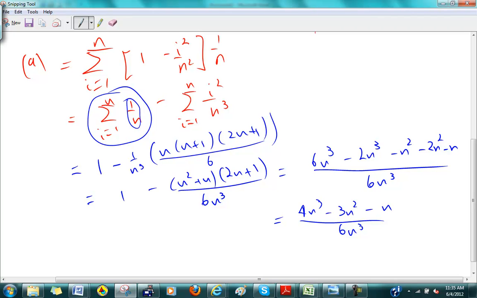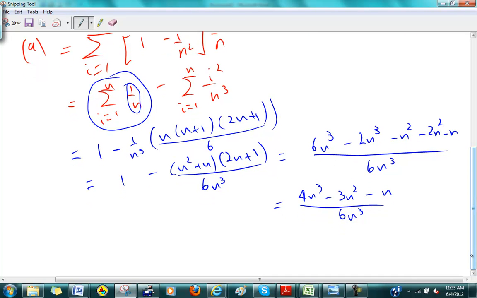Is that the answer? It's supposed to be 3n squared minus 1. But downstairs it's 6n squared.